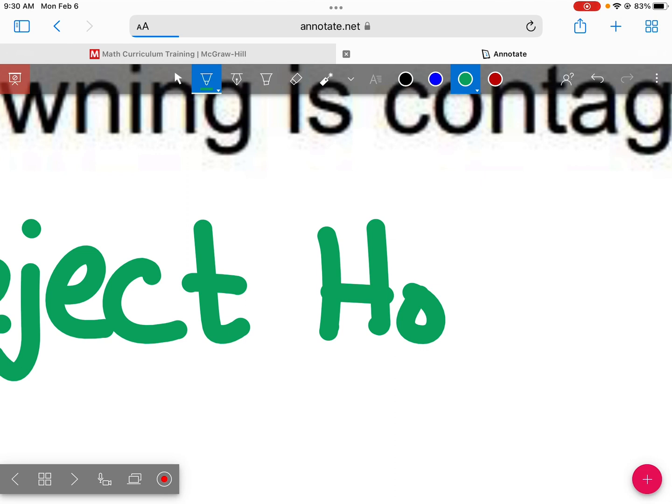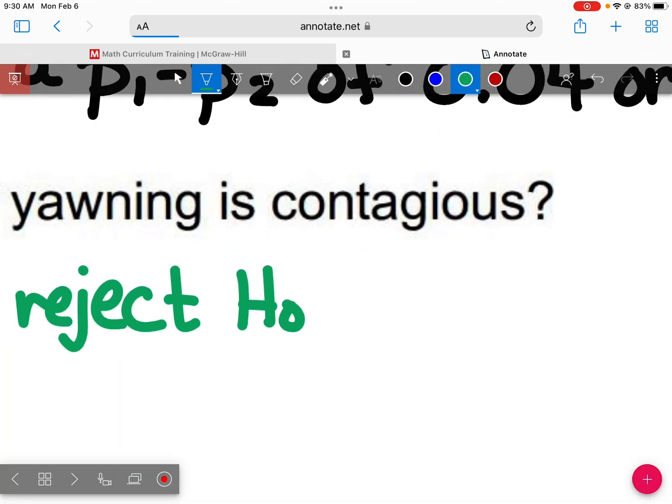So does that mean we do or do not have convincing evidence for the alternative? We do not. If we fail to reject the null, then we're going to stay with that. And that means I don't have enough convincing evidence to reject it and go with the alternative. So if we fail to reject the null hypothesis, we do not have convincing evidence of what the alternative was.